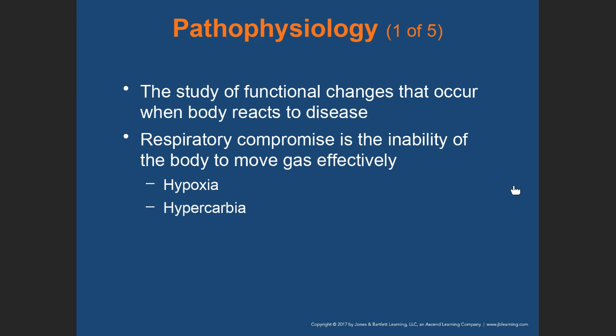As carbonic acid builds up in the body, the pH is going to become more acidic. And what happens to the brain? If the environment is too acidic, the brain shuts down.